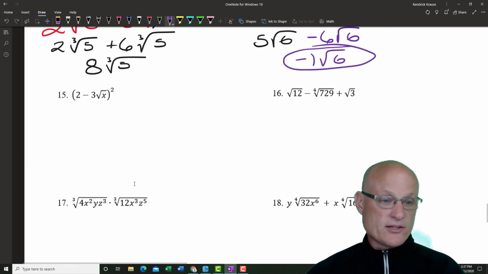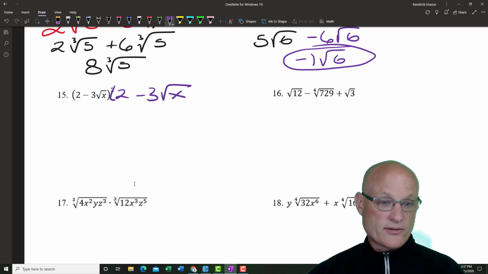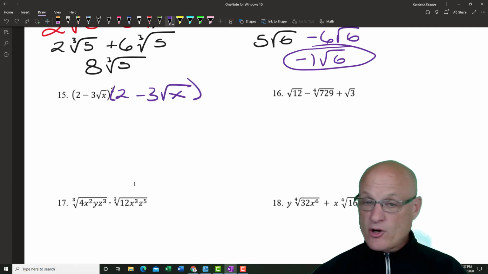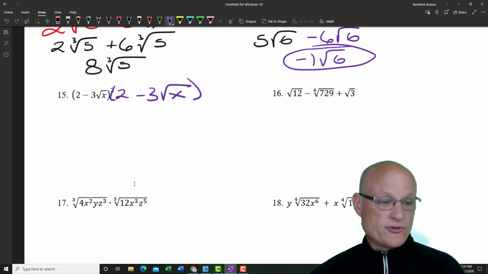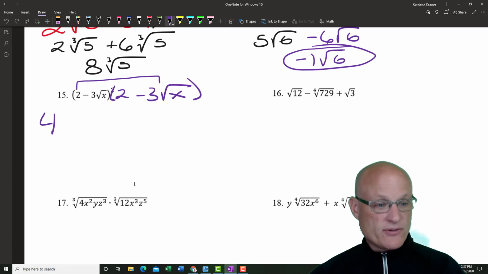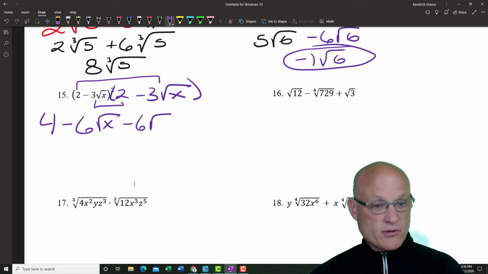Squared just means write things twice. I'm going to write this out. 2 minus 3 square roots of x. I know I'm moving quickly, but you can always pause the video, stop, slow down, go back, see what I said. All right, 2 times 2 is 4. 2 times negative 3 square roots of x is negative 6 square roots of x. Multiply these two together, I get negative 6 square roots of x.